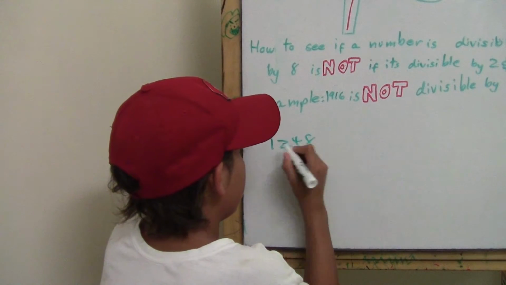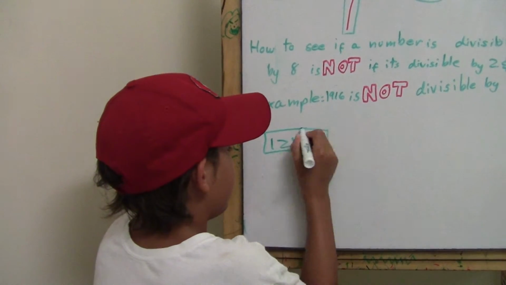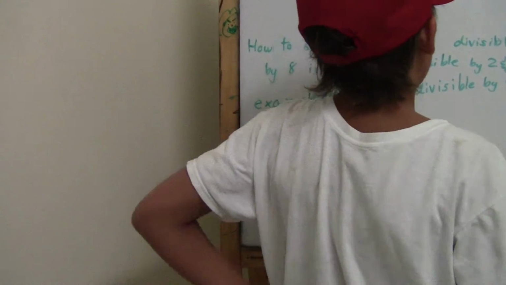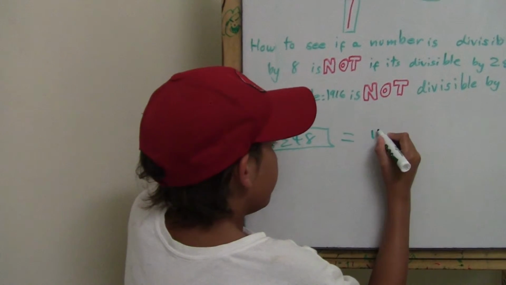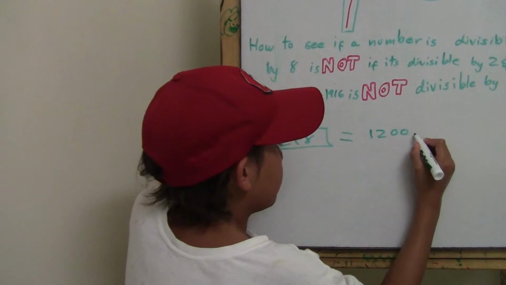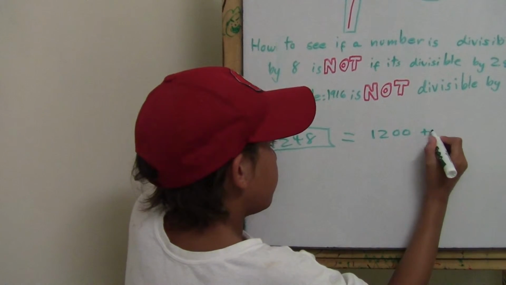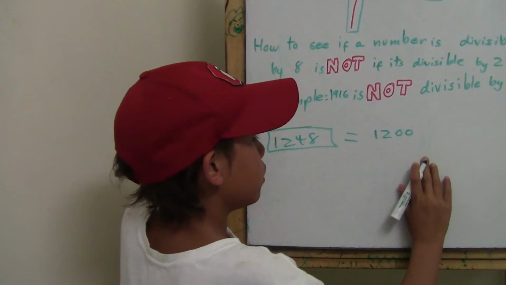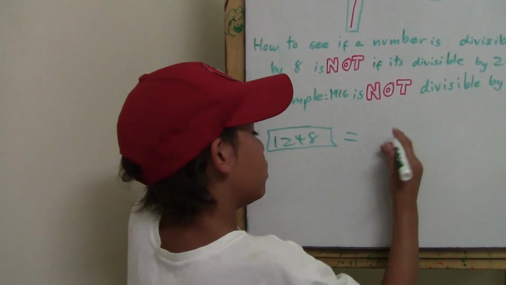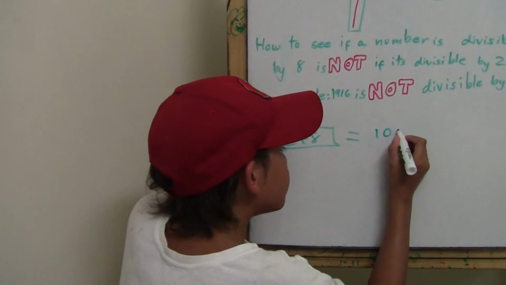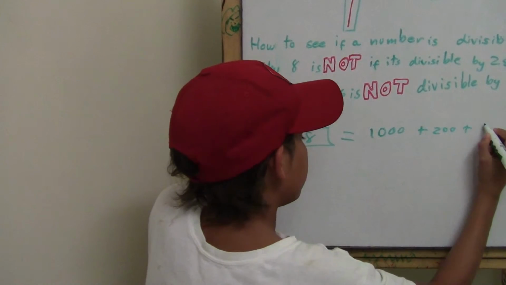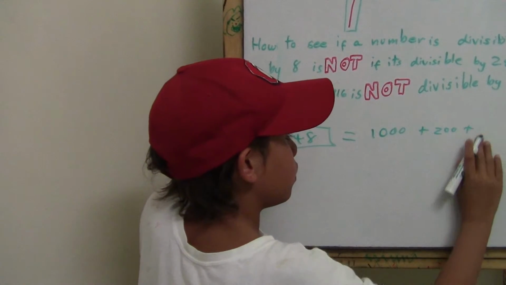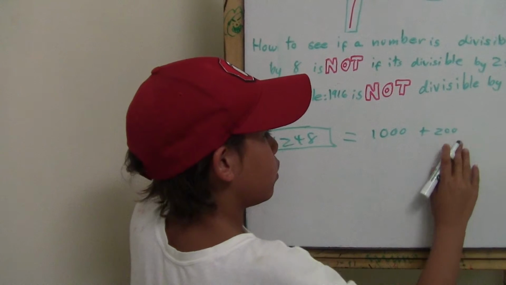1248 equals 1,000 plus 200 plus 48. You look only at the last 3 digits, you said.